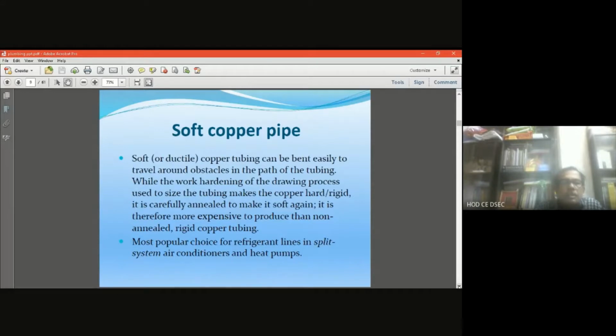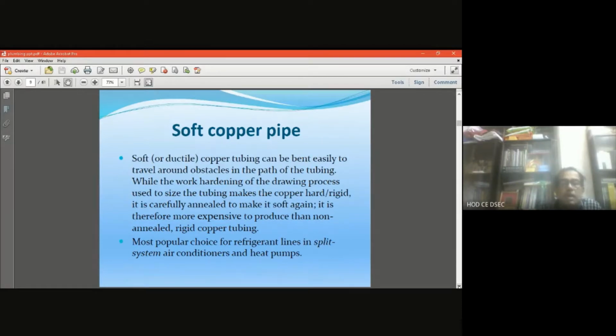Now, what are soft copper pipes? It is basically ductile copper tubing that can be bent easily to travel around obstacles. Yes, in the straight run of pipe, suppose there are obstacles, it can be bent easily in the path of the tubing.